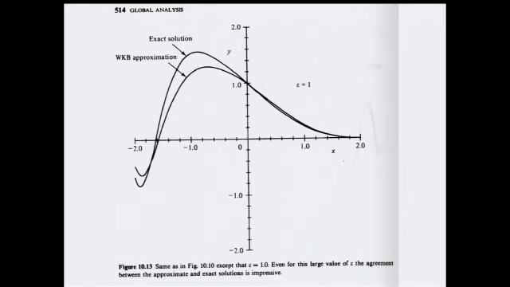Yeah, again, in region 3, this is valid as epsilon goes to 0. Why is it true? Because the WKB becomes valid as epsilon goes to 0. That is the condition for this symbol being used.